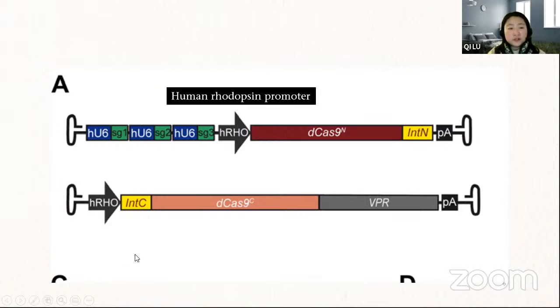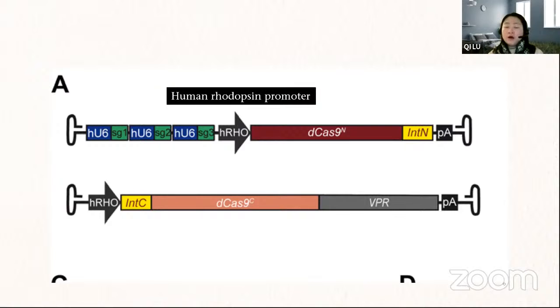And another vector uses the human rhodopsin promoter to drive the C part of the Cas9 system and the VPR protein complex. So these two sequences have to come into the same cell, then form an intact whole Cas9 VPR system.